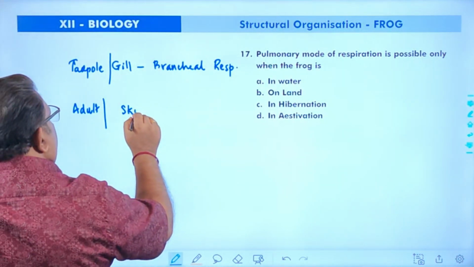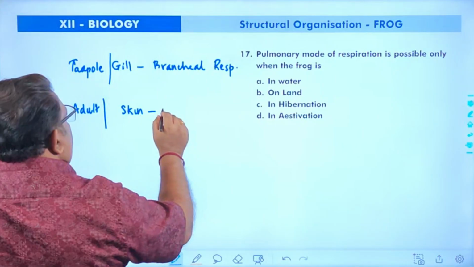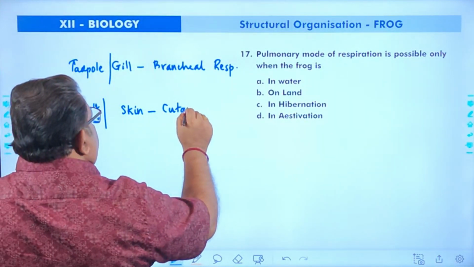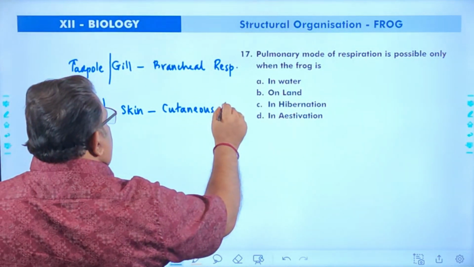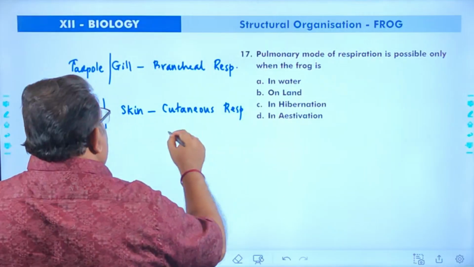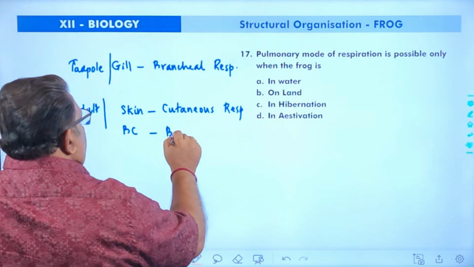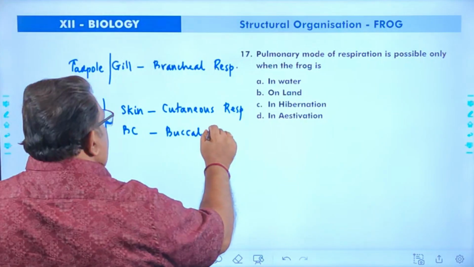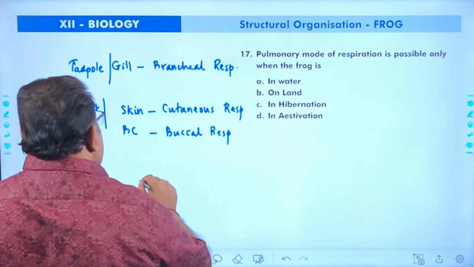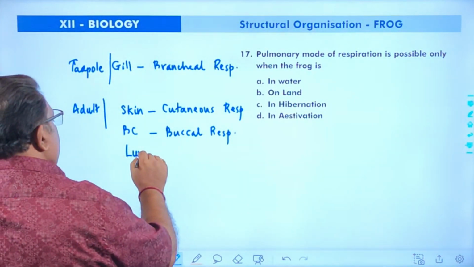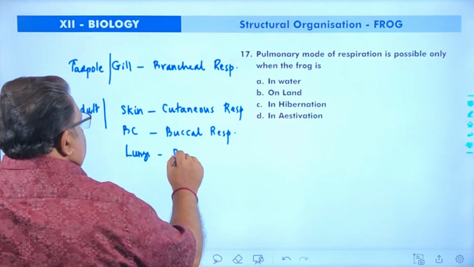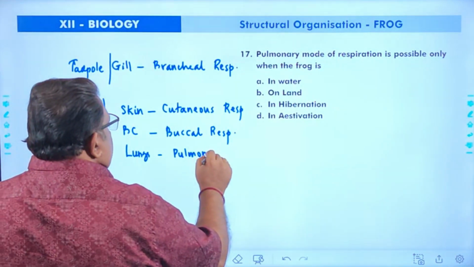One is the skin respiratory organ, called cutaneous respiration. Buccal cavity is called buccal respiration or buccopharyngeal respiration. Lungs, that kind of respiration is called pulmonary respiration.